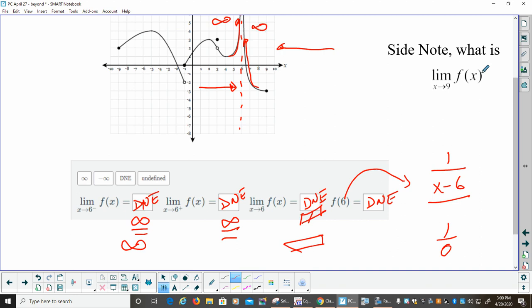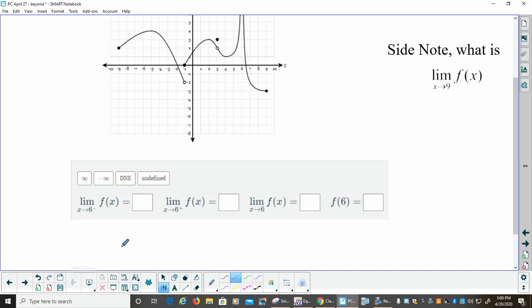On a side note, let me erase all this. If I asked you, what's the limit as x goes to 9? Notice there's no symbol here. So it has to exist from the left and from the right. From the left, its value is -3. But you can't come at it from the right.